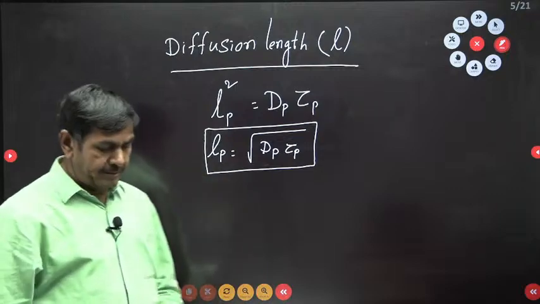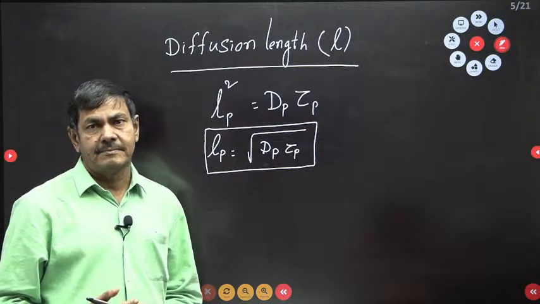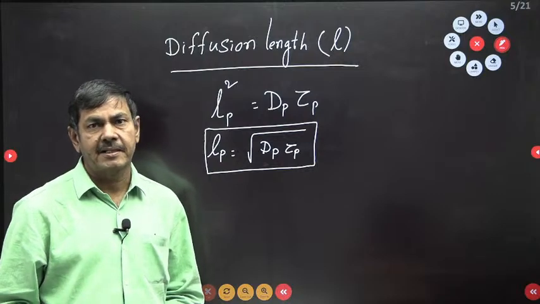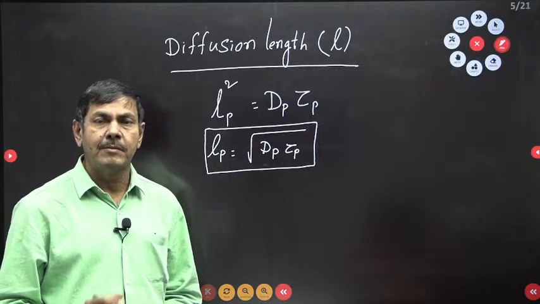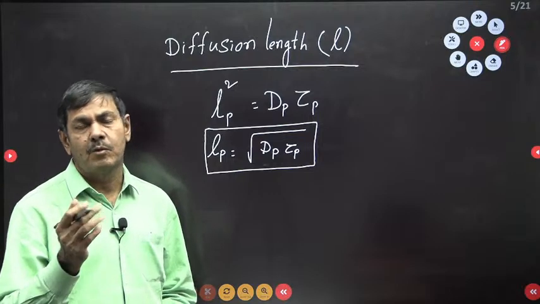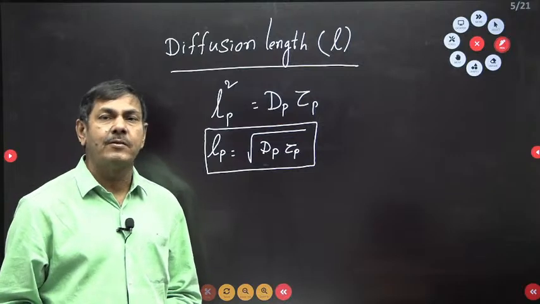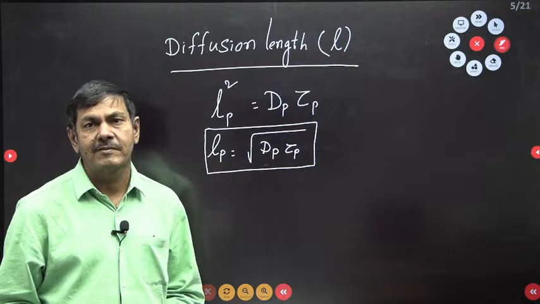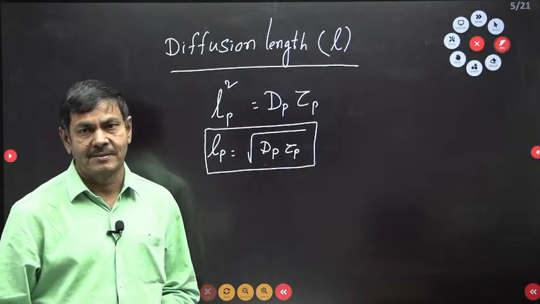Diffusion length, what is the meaning? When an electron is moving in an extrinsic semiconductor, up to some period of time it will be in motion only. After some time, it is going to recombine with a hole. The recombination of the electron with the hole is also said to be a collision, no problem; you can use that word.